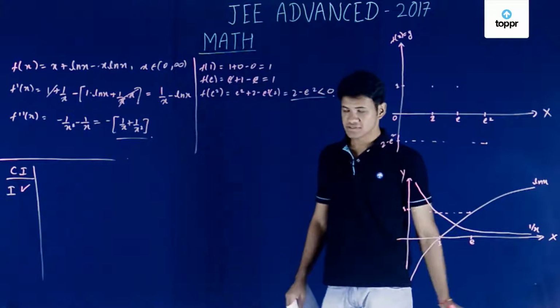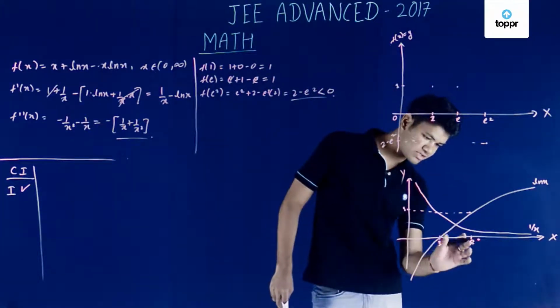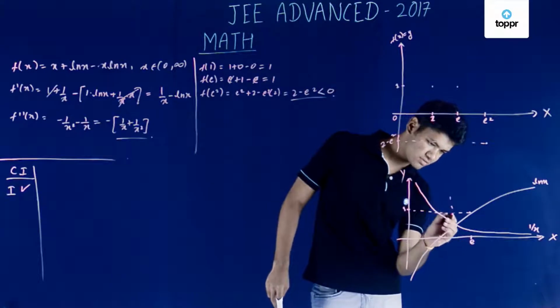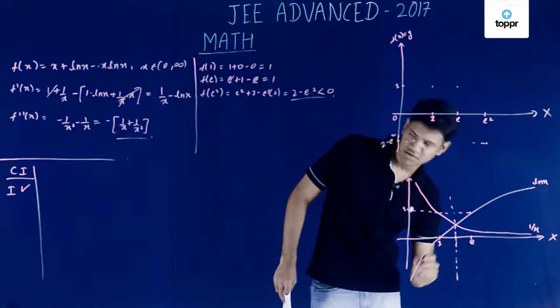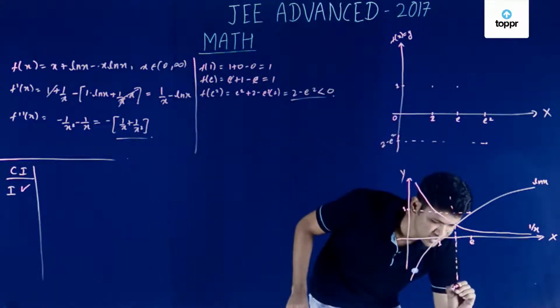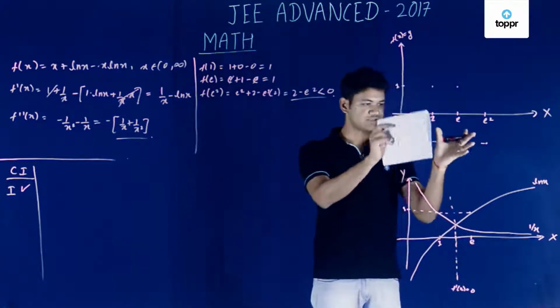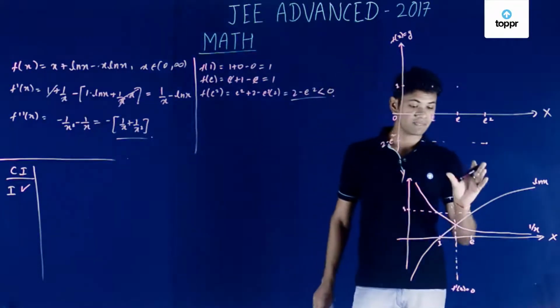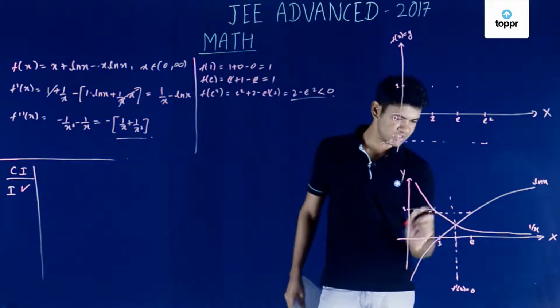So we can clearly see that the ln x and 1 upon x values are equal only at this point, between 1 to e. And since they have a negative sign in between them, we can say that f dash x is only 0 at this value, since the functions ln x and 1 upon x have an equal value at only this point, right?